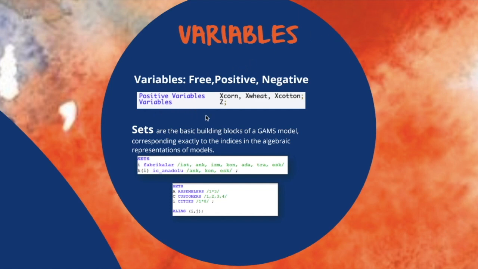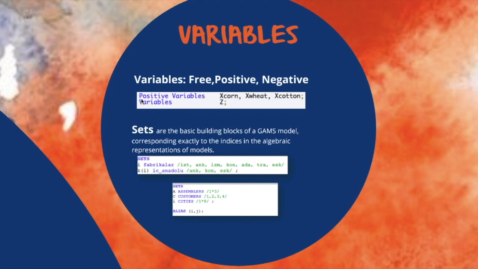Let me explain the variable types first. There are three types: free, positive, or negative variables, and we can assign variables as positive or negative by using some special words.